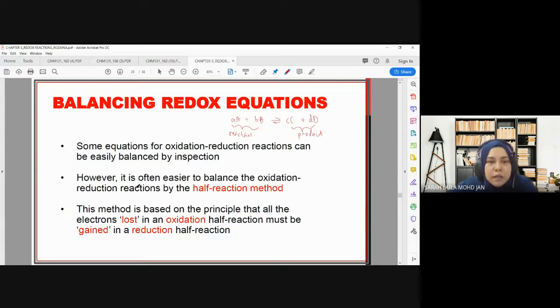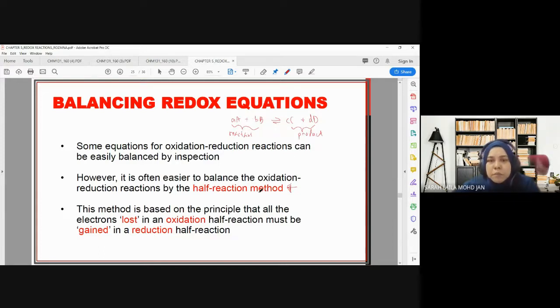Okay. And then, however, it's often easier to balance the oxidation reduction reaction by half reaction method. Ini adalah method yang kita gunakan in order to balance the redox equation. For other chemical equation, we can simply inspect kiri dan kanan, it is balanced or not.